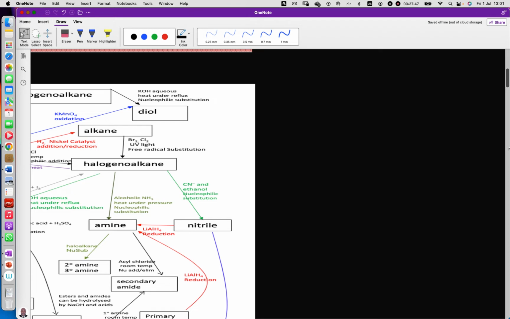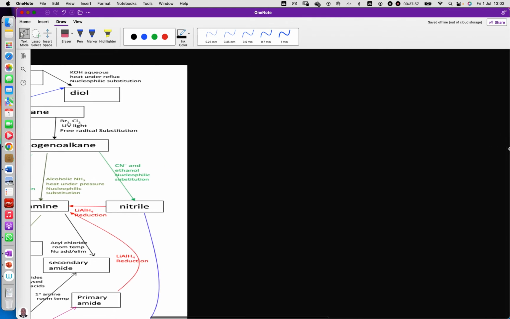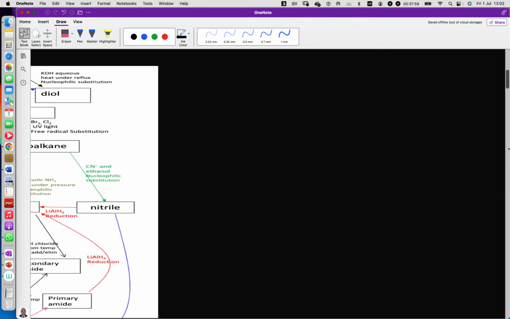But you can still use hot concentrated acidified potassium manganate 7 solution. Let's say we want to use this alkene as an example.